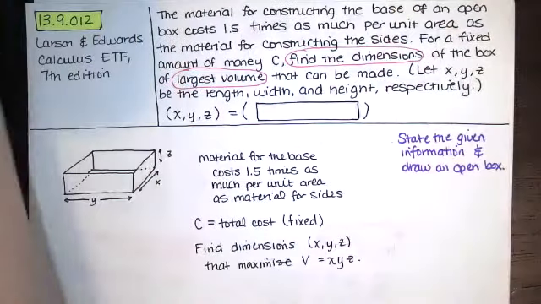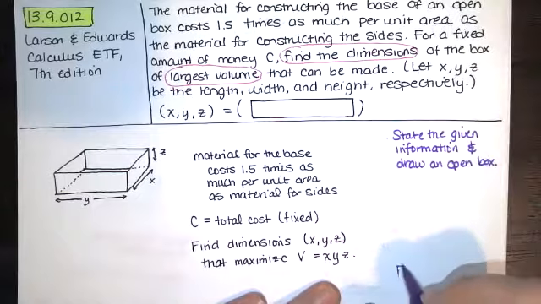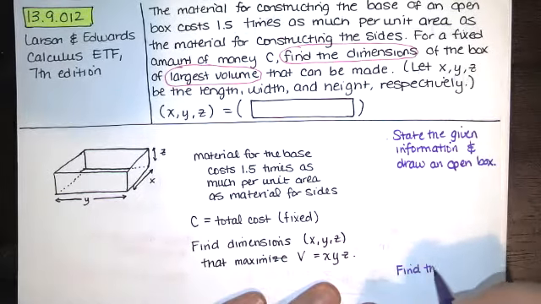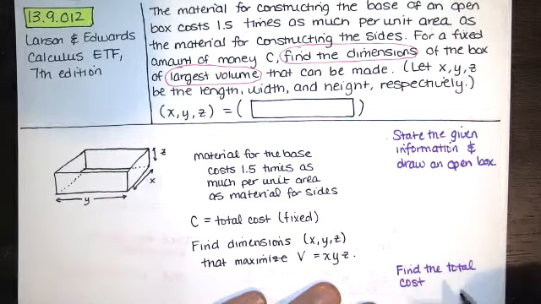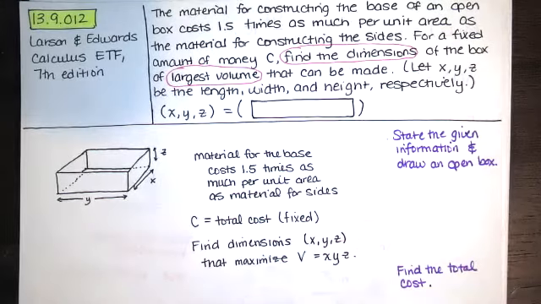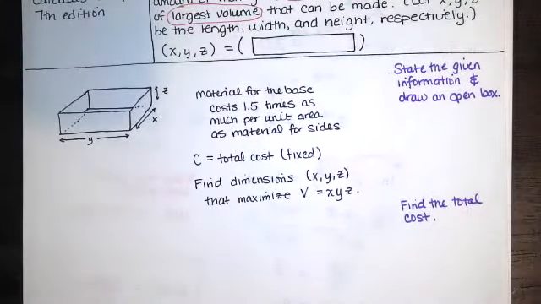I know I want to find the total cost. And then we will use that equation that relates x, y, and z to write this function V in terms of two variables only.